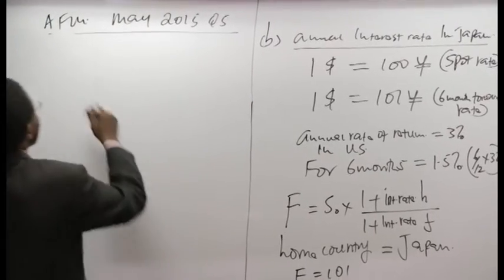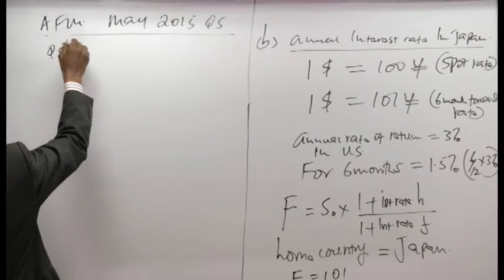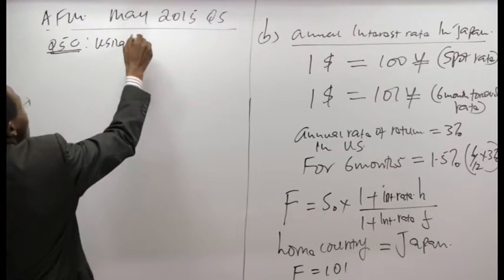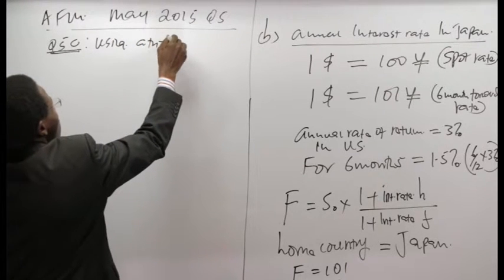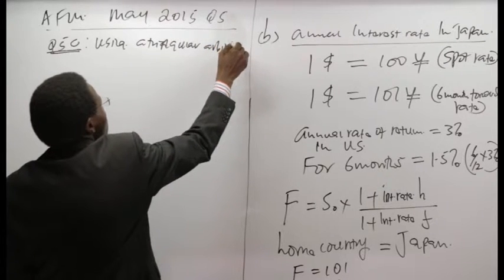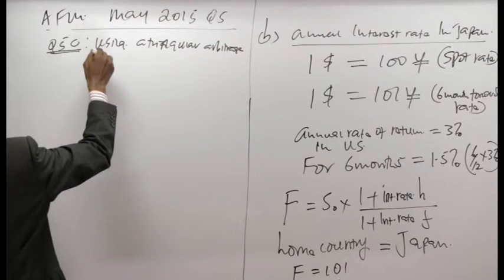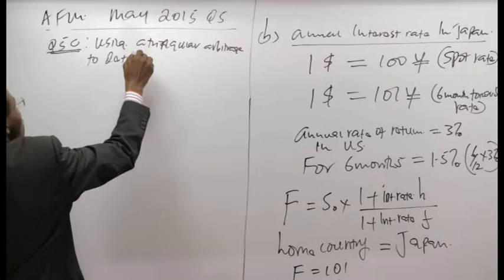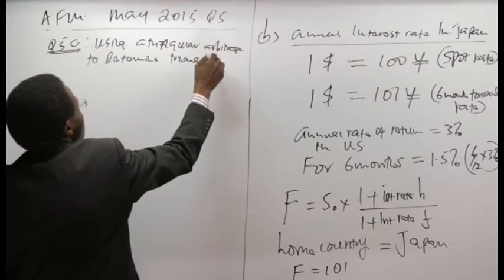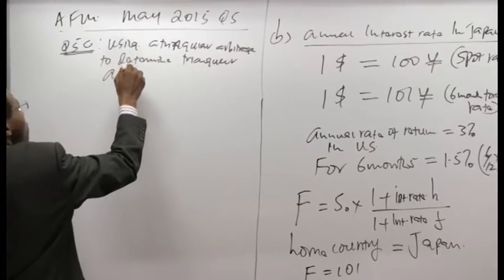So we are talking about question 5C, using a triangular arbitrage to determine triangular arbitrage.